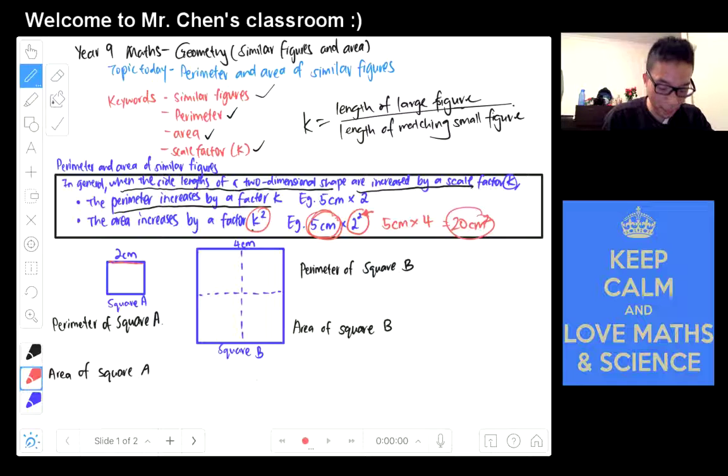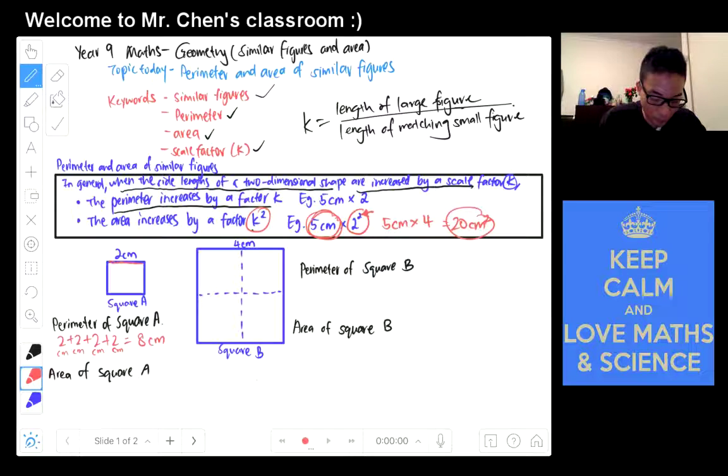If we're going to calculate the perimeter and area of square A and square B, this is what we're going to do. Perimeter of square A is 2 plus 2 plus 2 plus 2, remember they all have to be centimeters, which is 8 centimeters. Does that make sense?